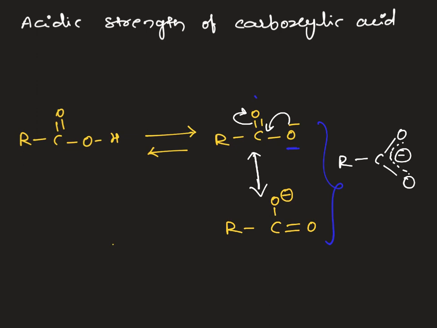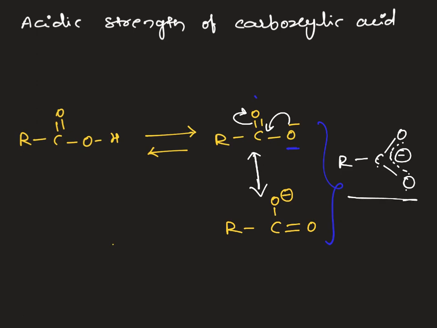I am writing it in this way, and this is the actual carboxylate ion structure. Here we won't see any separate C double bond or single bond; the carbon-oxygen bond length will always be the same, and that's why we call it a resonance hybrid structure.